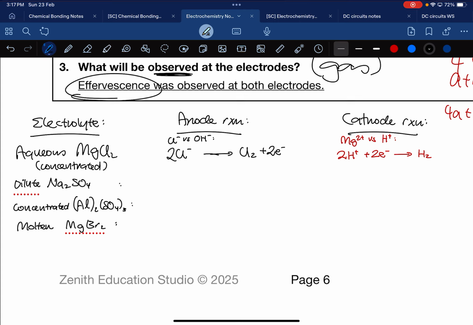Don't need overall equation, right? No need overall equation.